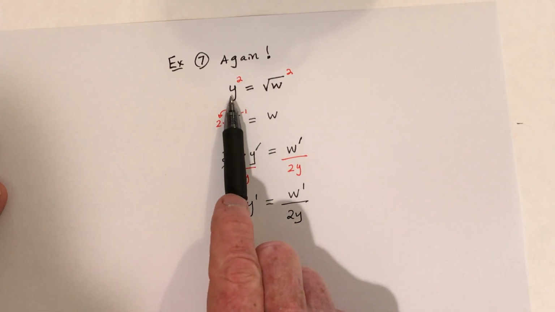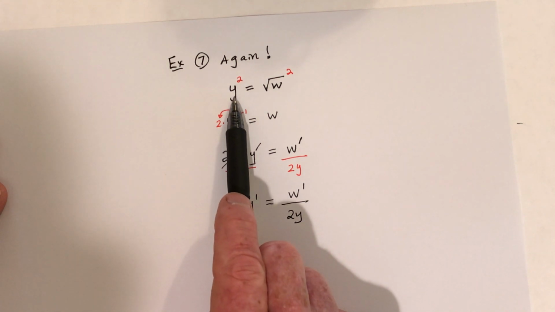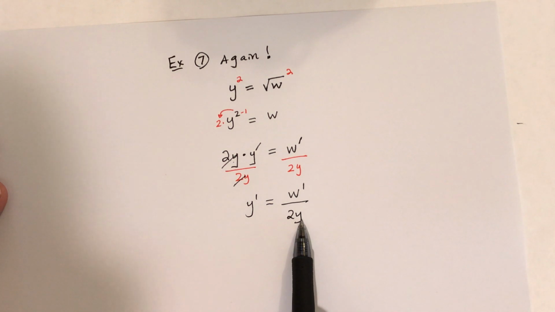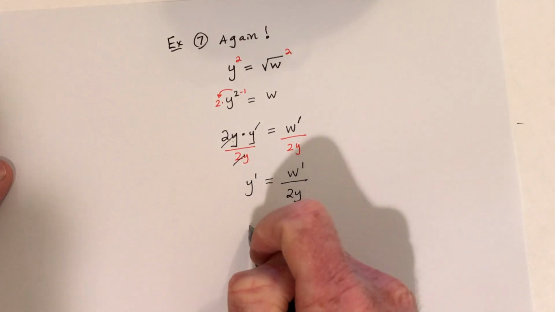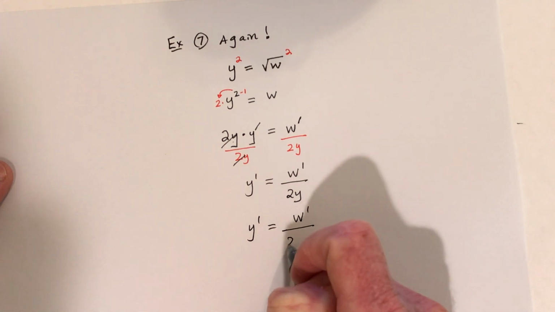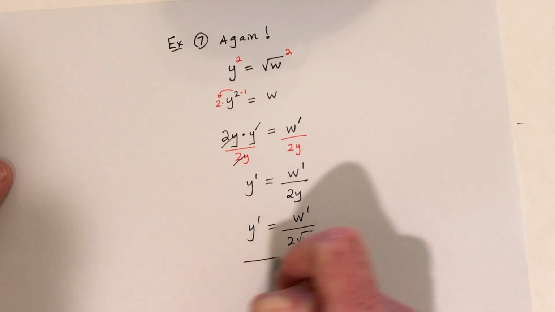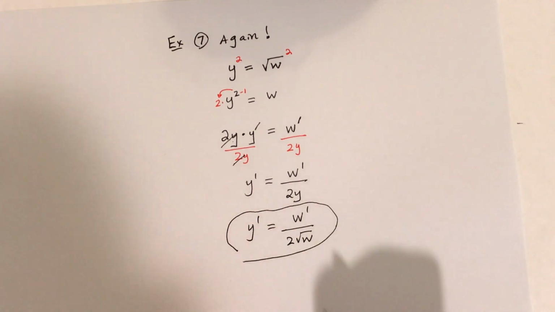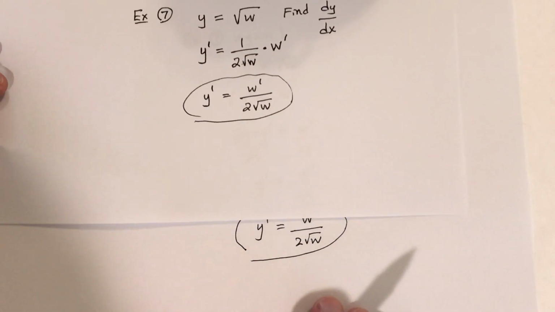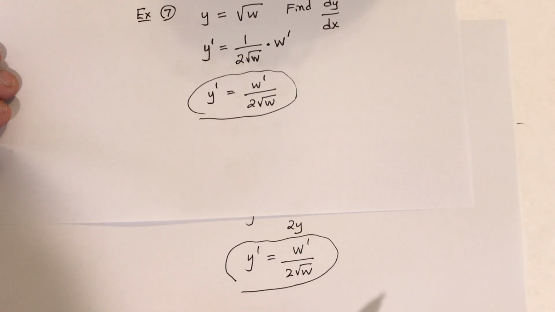And if you go back to this problem and ignore the red part, it says y is equal to the square root of w. So I can replace this y with the square root of w. And then if you compare that to the other way that I did it, they both have the same answer.